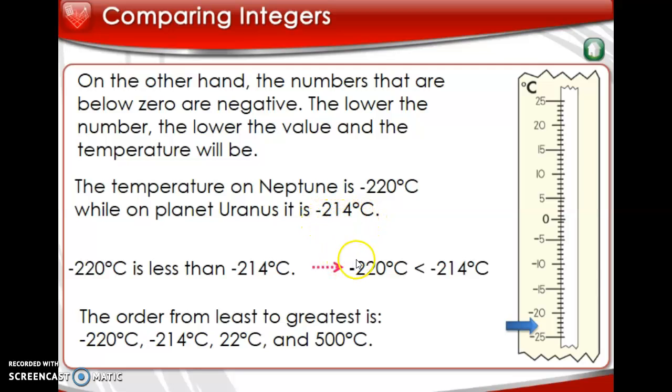So in this case, negative 220 is less because it is too far off the zero, and negative 214 is closer to zero.